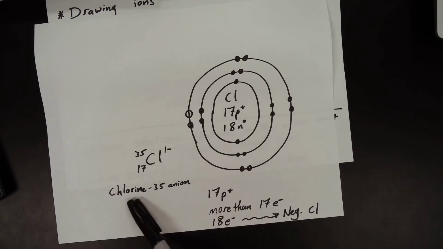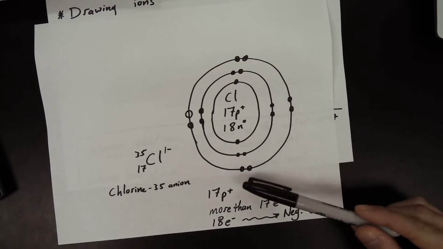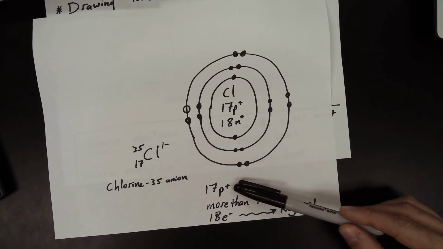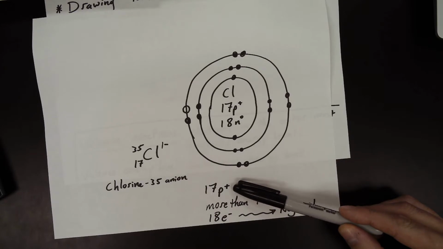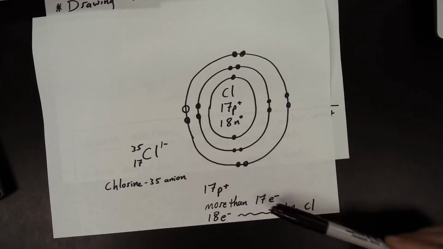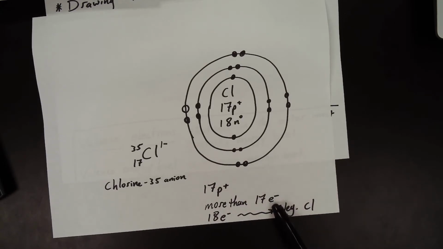And then the isotope name is chlorine 35 anion. Now we have 17 protons in chlorine, whether it's an atom or an ion. To make it an anion, a negative ion, we need more than 17 electrons.